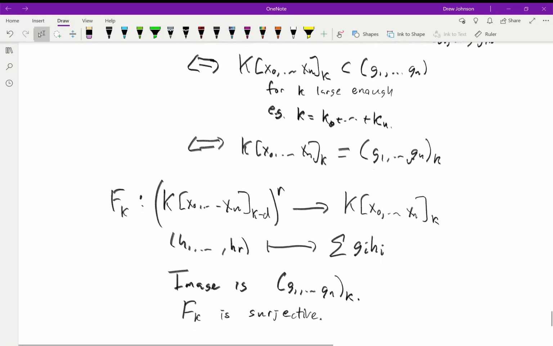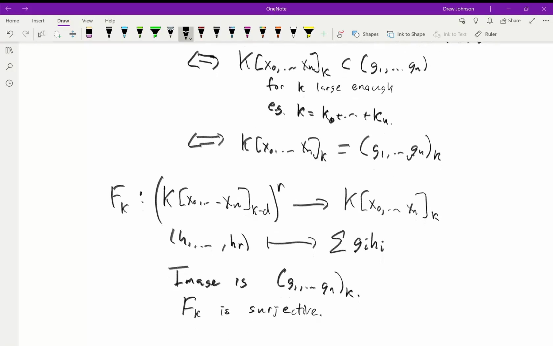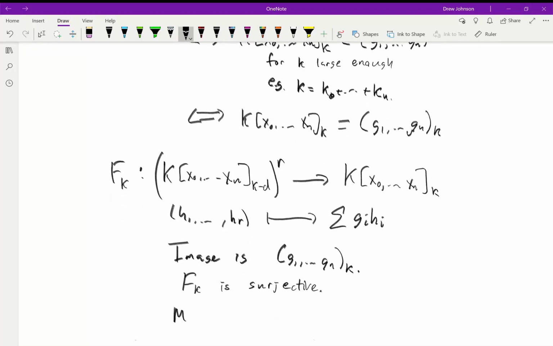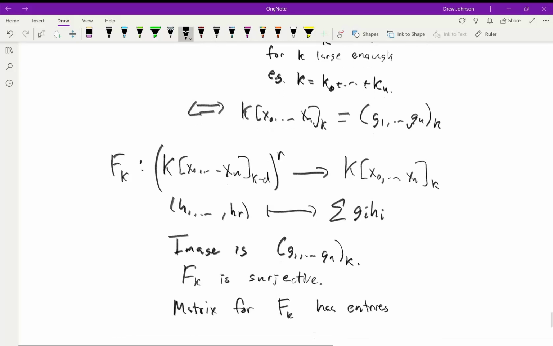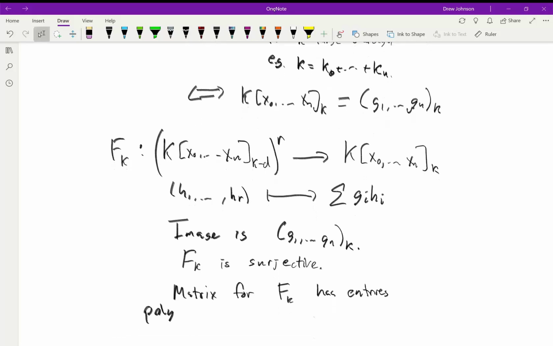All right, now let's remember here that this fk is a map of finite dimensional vector spaces, so we can write a matrix for it. And notice that the matrix for f has entries which are polynomials in A. How does this map work?